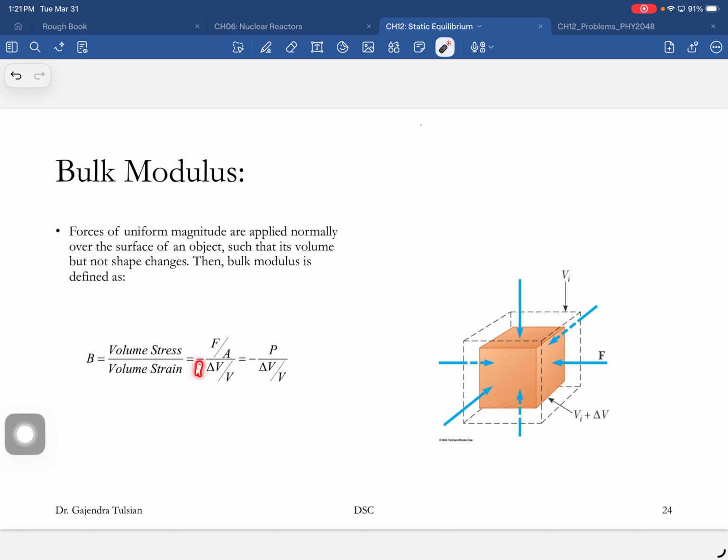What is this negative sign doing there? What's happening to the volume? It's decreasing, so delta V is negative. Negative of negative makes it positive.